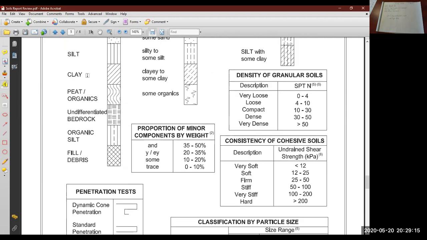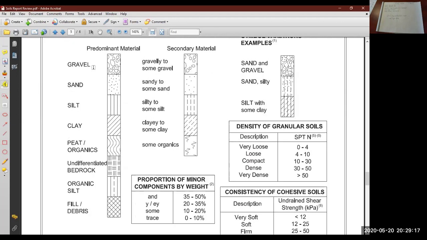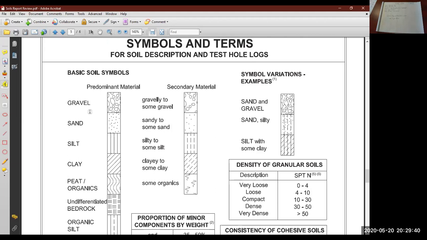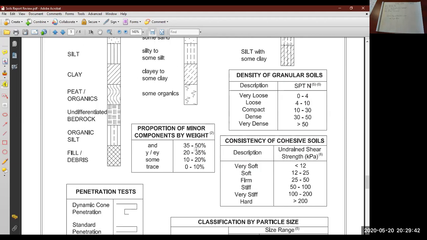When the types of material are being categorized, quite often it won't say gravel, it'll say gravelly or trace gravel or something like that. Whenever you see these types of suffixes or words included with the description of the materials, these are the percentages associated with that.